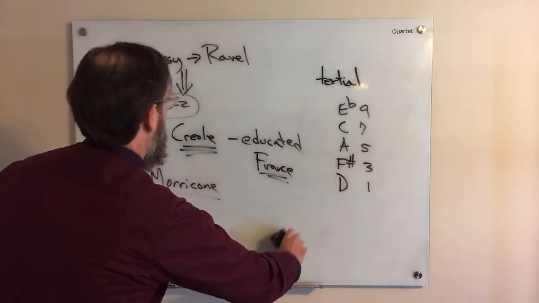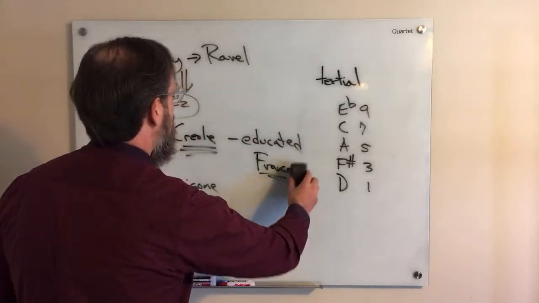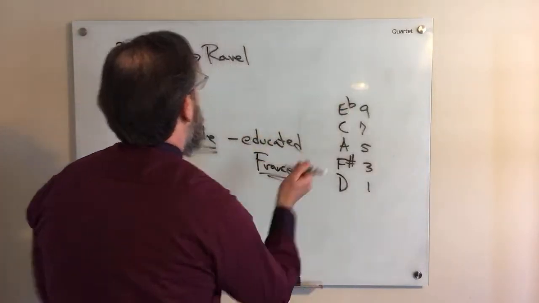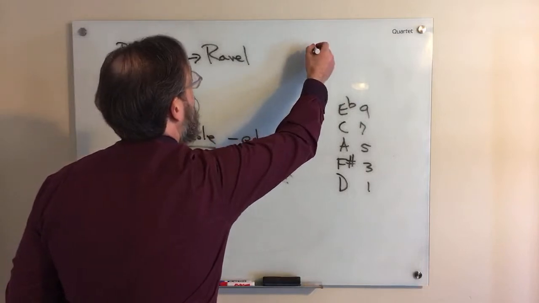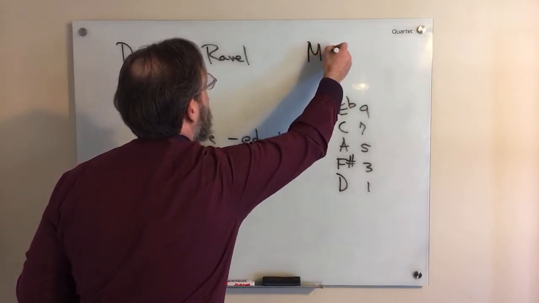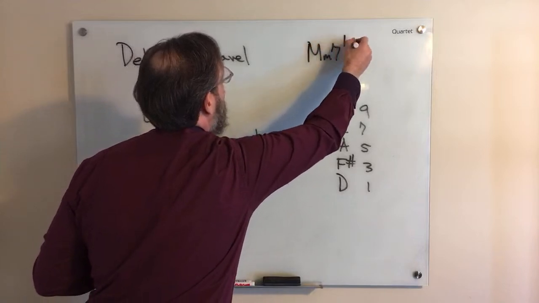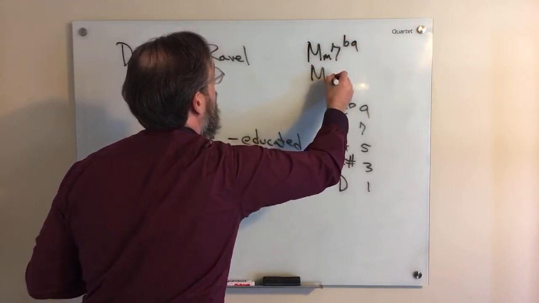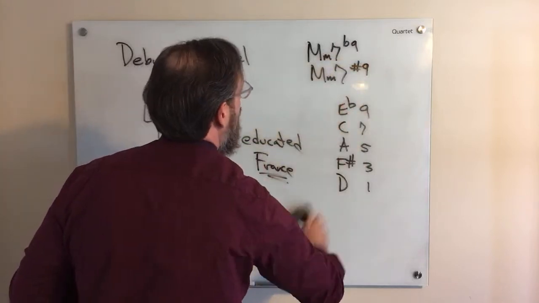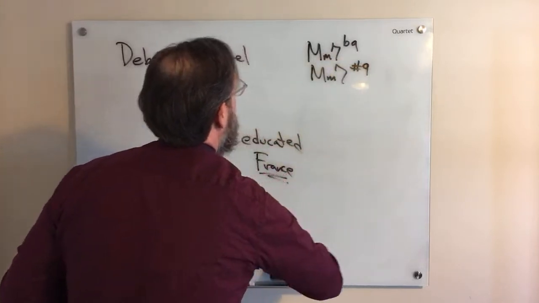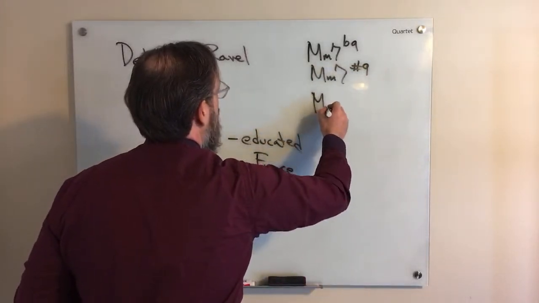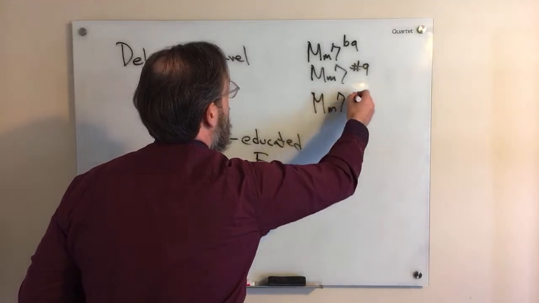So let's talk quickly about some of the most common ones. Very often you'll have things like major minor 7 flat 9, or a major minor 7 with a sharp 9 is very common. Sometimes major minor 7 with a natural 9.